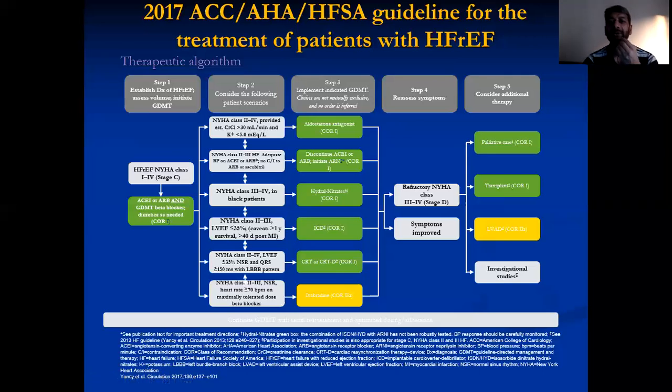And after that, if in spite of all these, the patient is still symptomatic, you can think of palliative care, transplant, LVAD, and further investigational study, any biopsy or anything, describe anything specific and then do according to that situation.